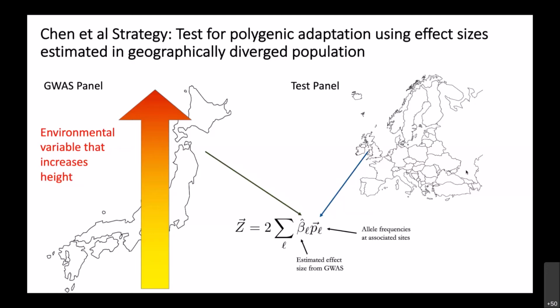Yeah, exactly. In some senses, the selection question is almost easier, because we know that under neutrality, these effect size estimates, however they are obtained, as long as they aren't obtained by using allele frequency information, should have nothing to do with the way that allele frequencies have evolved across populations.